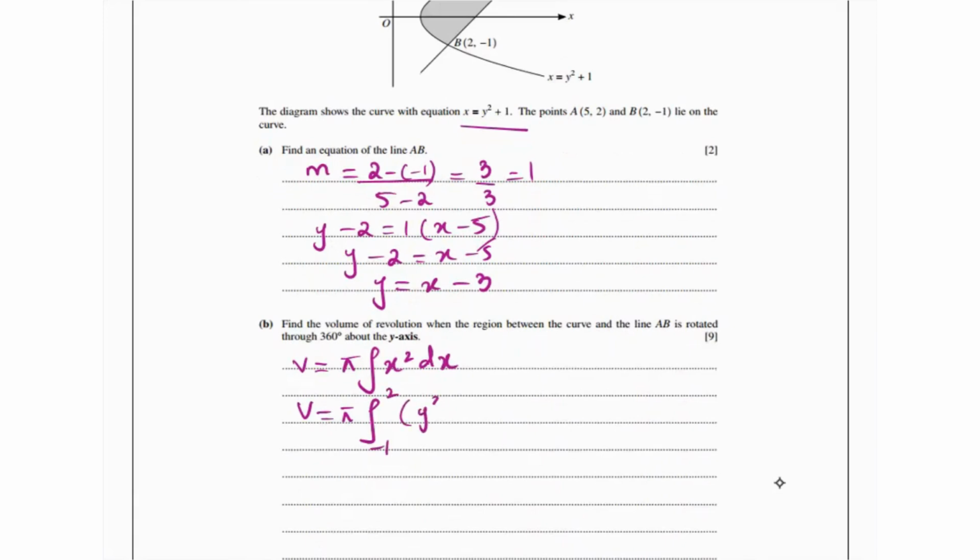It's (y squared plus 1) whole squared. And this is going to be dy, not dx. So that's going to be y to the power 4 plus 2y squared plus 1. Now we integrate it.